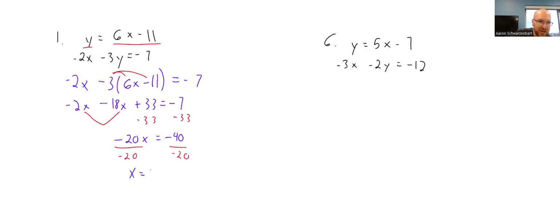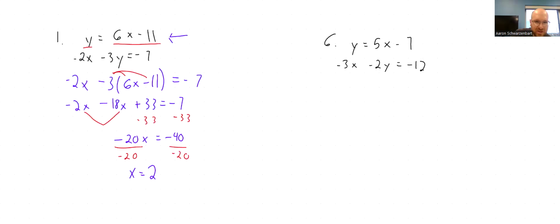I am not, however, done. I have one more step. I must solve for y. So I'm picking the easier equation to solve for y. The one that says y equals tends to be the easiest one.